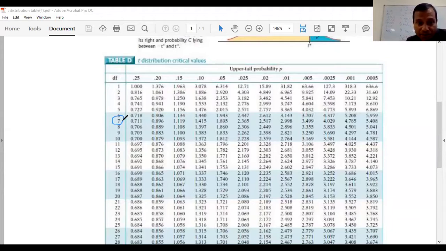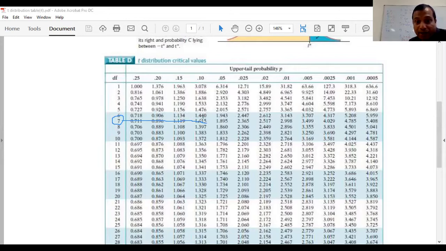So in this horizontal line, let me see where I can go. How much is the t-stats? 1.398. I think it's closer to 1.415 rather than 1.895 or 1.119.